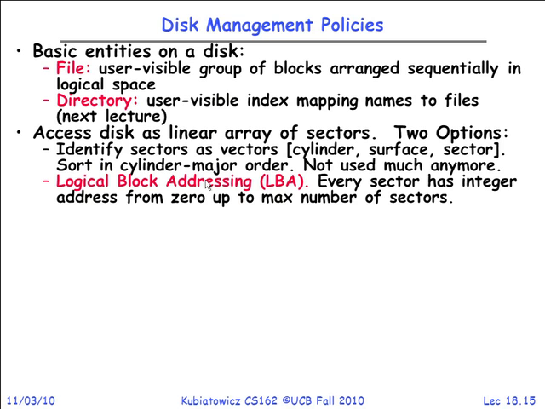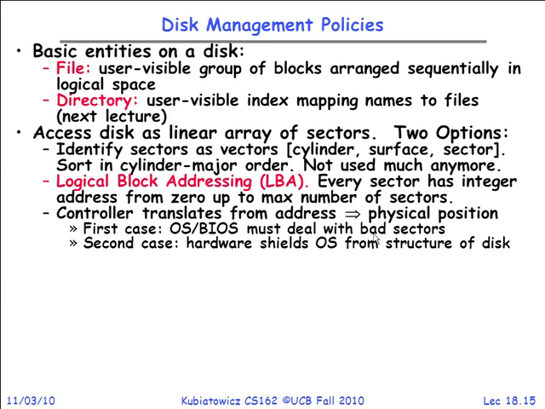So while in the old cylinder surface sector case, there might be some of these tuples that are actually bad blocks, and the operating system needs to know that, modern disks often hide that entirely from the operating system. So these disk drives are pretty smart entities, and it's up to the controller to basically translate from address to physical position. In the first case, it's easy because, like I said, the OS deals with the bad sectors, and the only thing that's happening is the cylinder goes directly to a head movement and surface and sector, and so on. In the second case, the hardware completely shields the operating system.